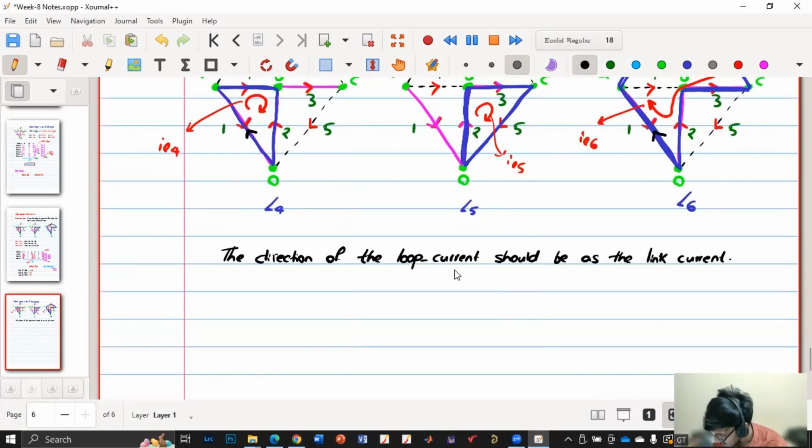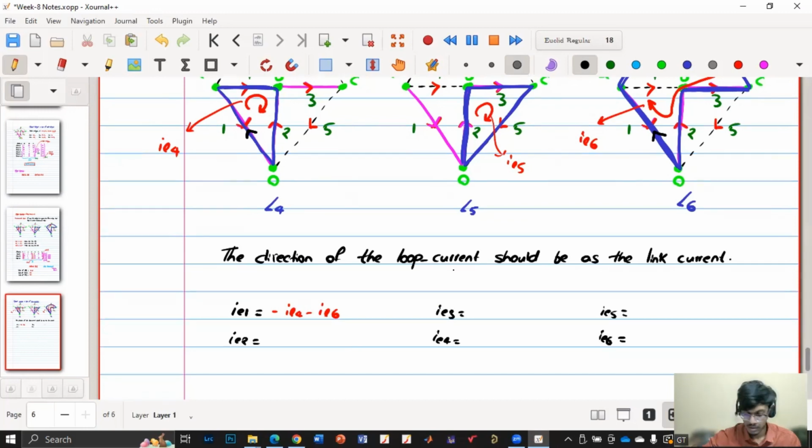So IE1 can be written as the negative of the summation of this and this. IE1 is equal to minus IL4 minus IL6, isn't it? Because the current is going in the opposite direction in both cases. Do you agree? If you have any question, you just ask, I can repeat.